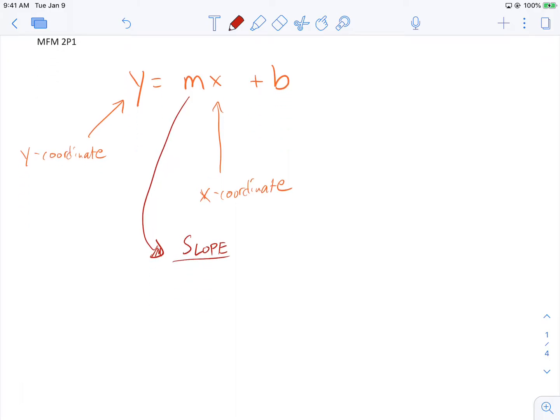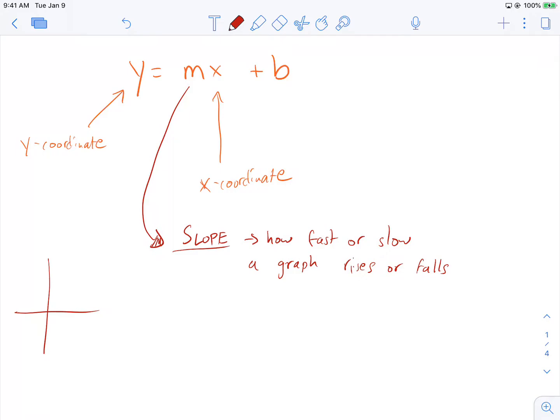Our slope is how fast or slow a graph rises or falls. So what I mean by that is I have my little graph over here. This is pretty normal slope. It would have a slope of about 1.